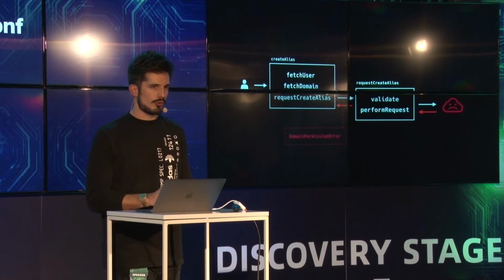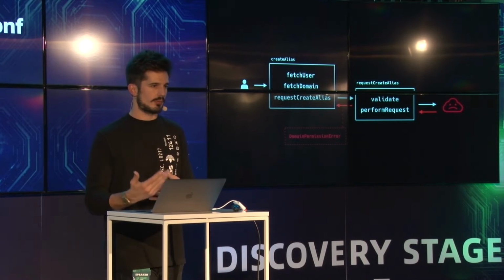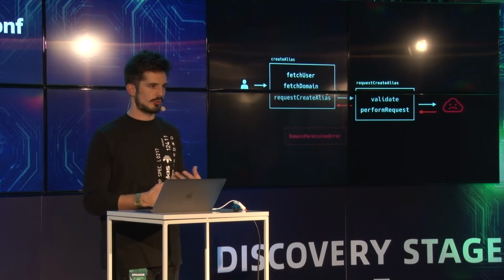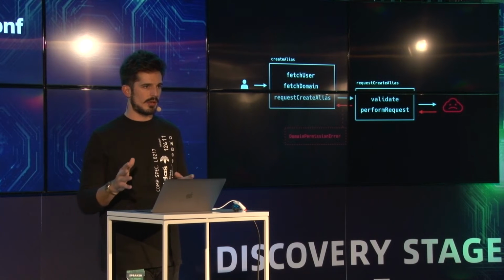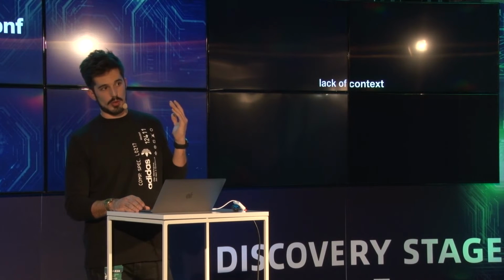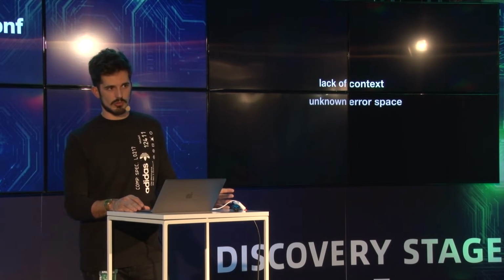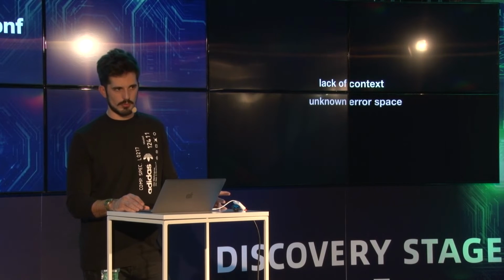So the problem is that we don't know the error space, and we are always mutating our code, adding new cases, throwing new exceptions, and we have to update that everywhere. And in the case of errors, we don't have a way to model that properly and to get insights to act accordingly. So that's why we have a lack of context and unknown error space. Those are two of the most important reasons, in my opinion, why we usually don't model errors.